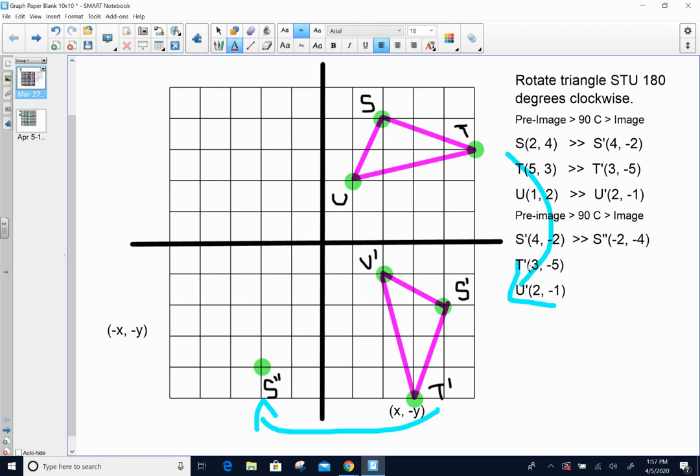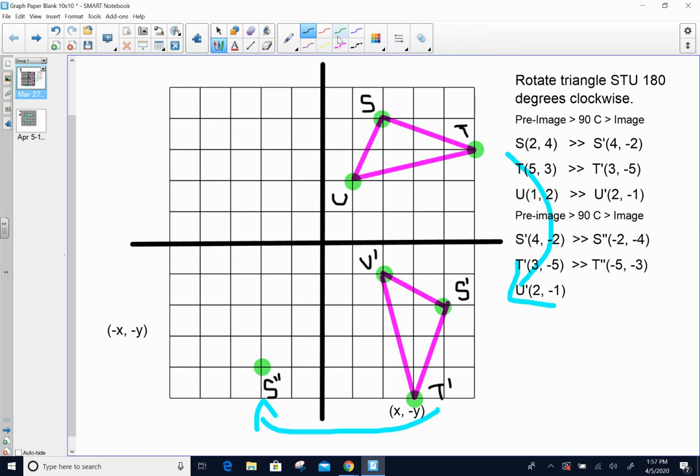Now let's look at T. T double prime, I want to flip my numbers for x and y. So instead of 3, -5, the 5 is going to come first, but I also need to make sure they're both negative. So I have a -5, -3.